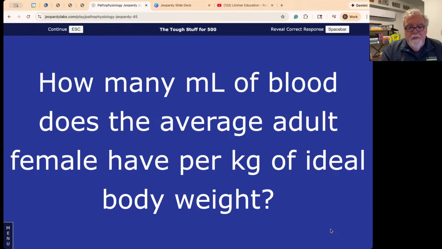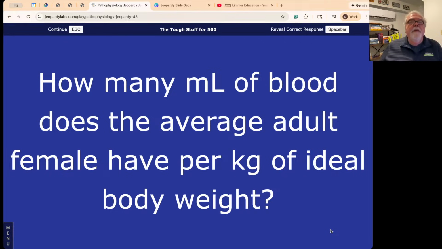Now, I can give the answer relatively quickly here. Yeah, per kilo. You figure that the average adult male has 5 to 6 liters of blood. Females, a little bit less.